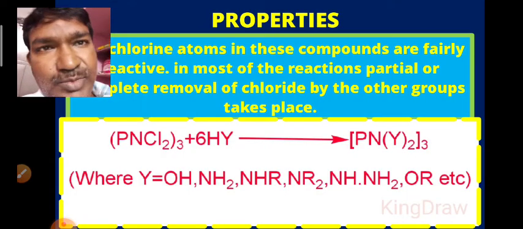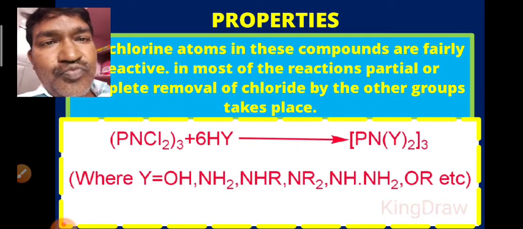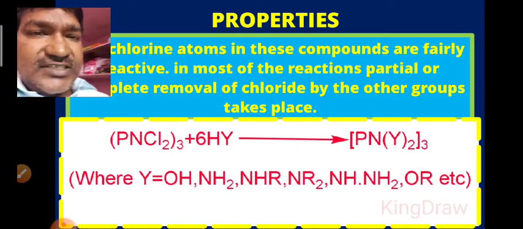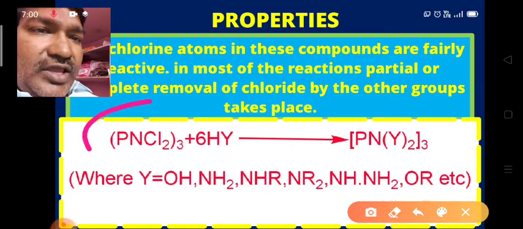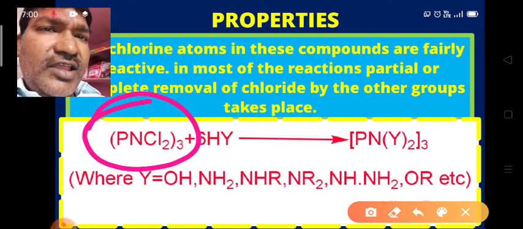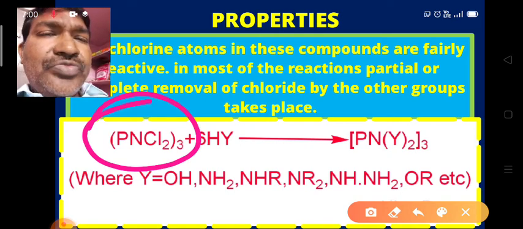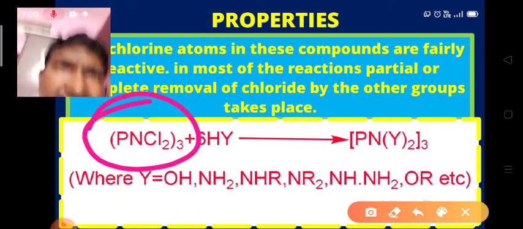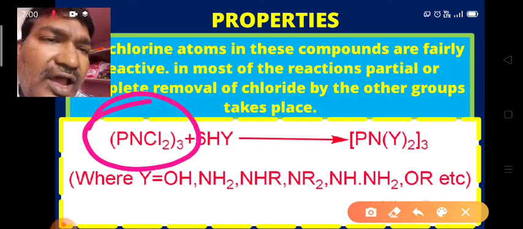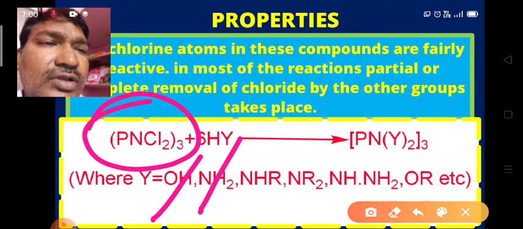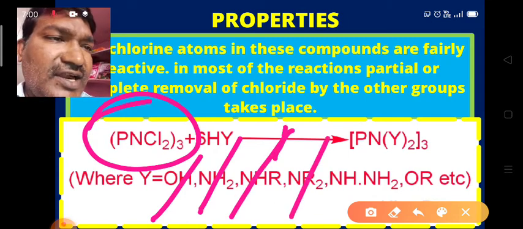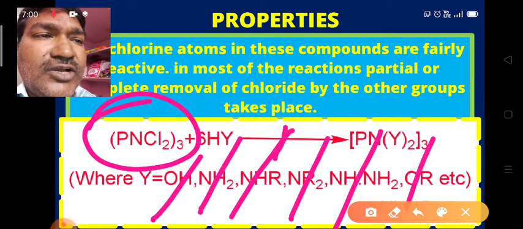Now we go for the chemical properties. Here, the general formula of the phosphogens is PNCl2 taken N. Here instead of 3, we may write N also. So, here chlorine will be substituted with other groups like hydroxy groups, amine groups, primary amine, secondary amine, hydrazine, alkoxide group.